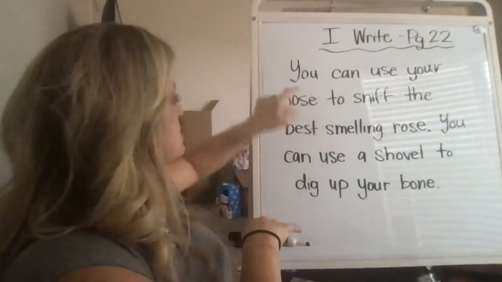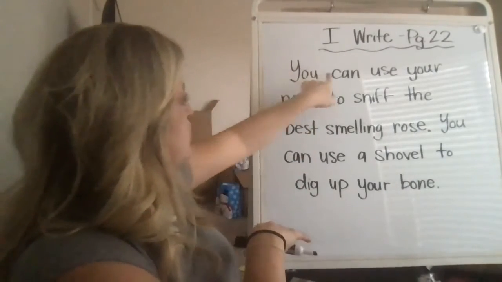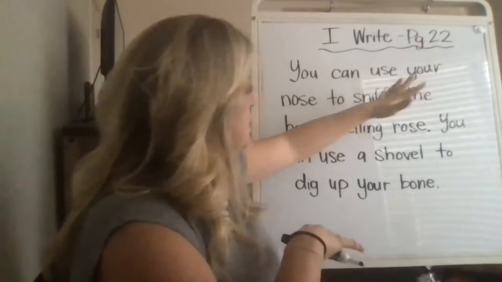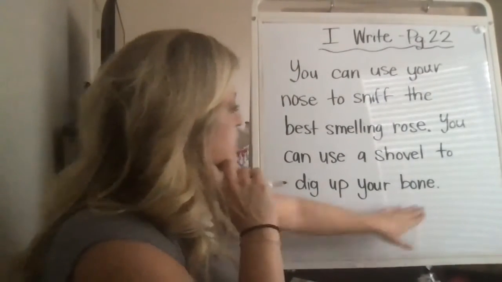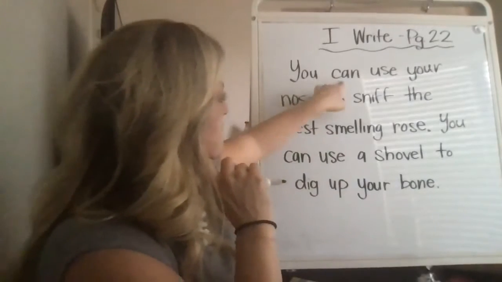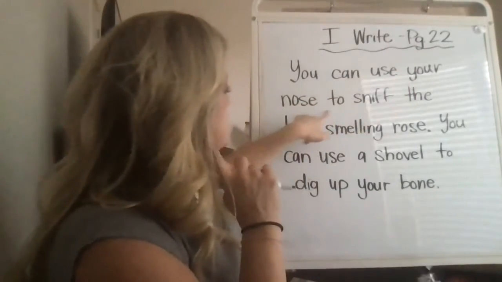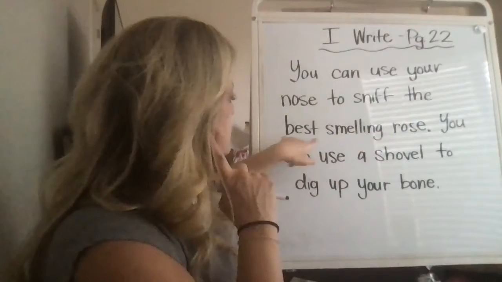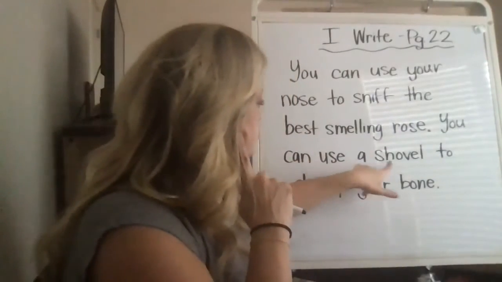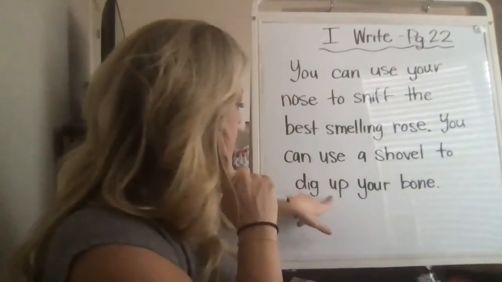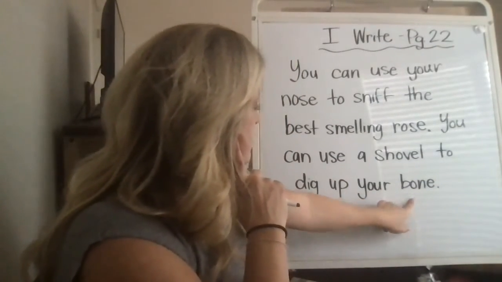So 5 stars starts with a capital. We have finger spaces. It makes sense. Neat handwriting and punctuation to end. You can use your nose to sniff the best smelling rose. You can use a shovel to dig up your bone.